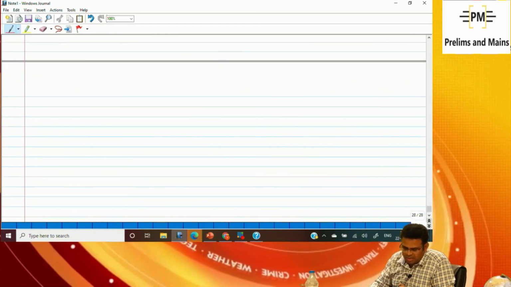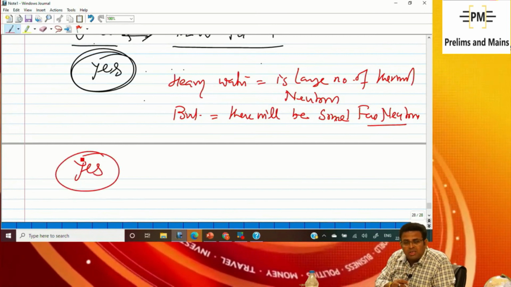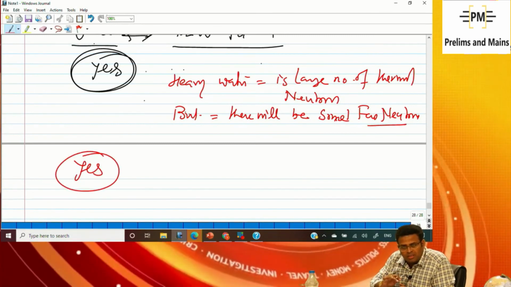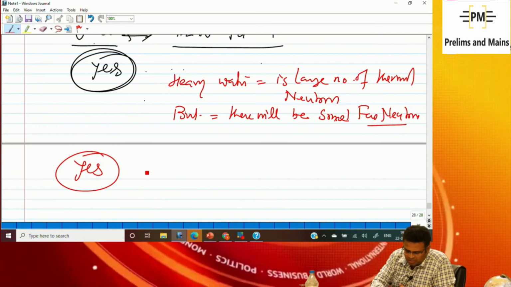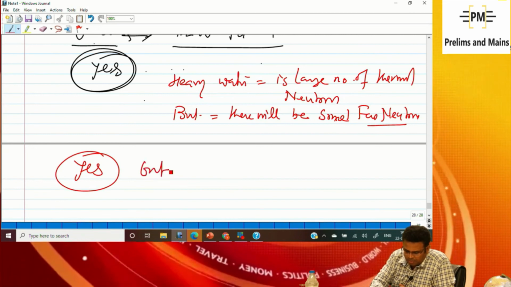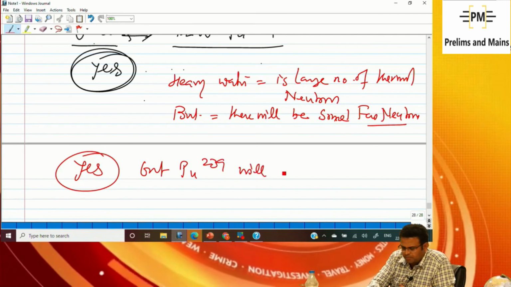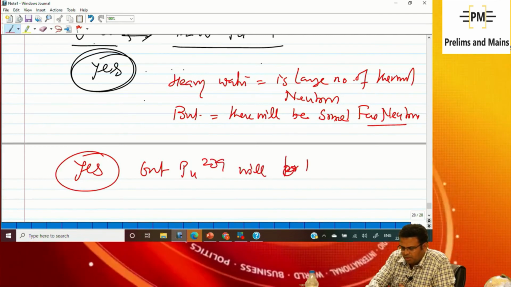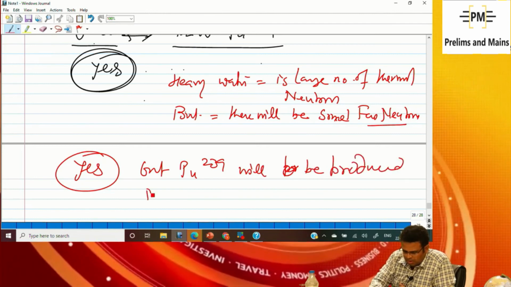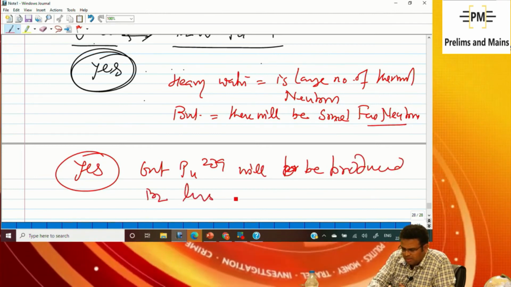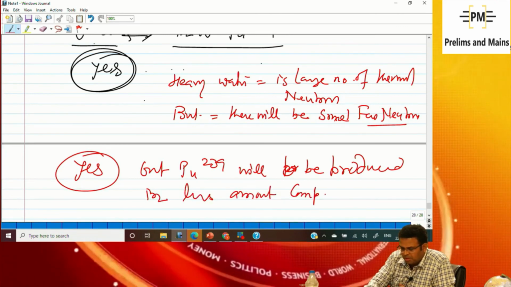So I said that yes, uranium-238 will convert into plutonium, but in very less amount. Plutonium-239 will be produced in less amount comparatively.